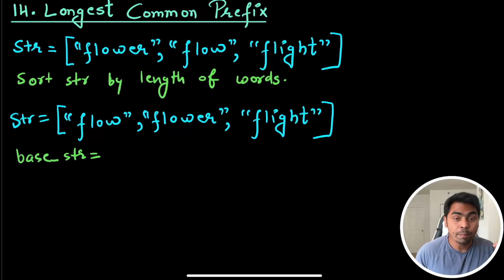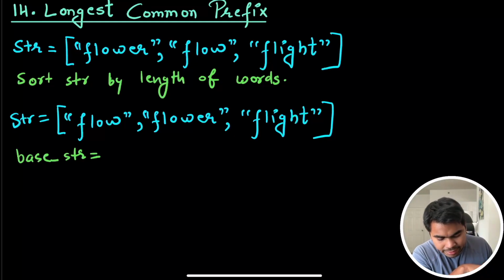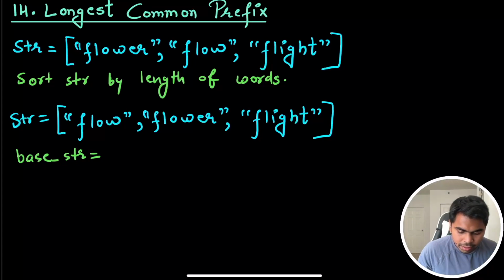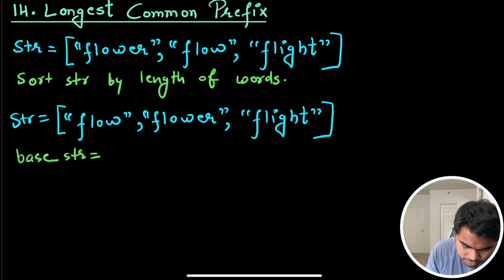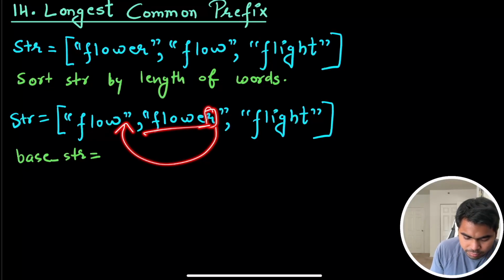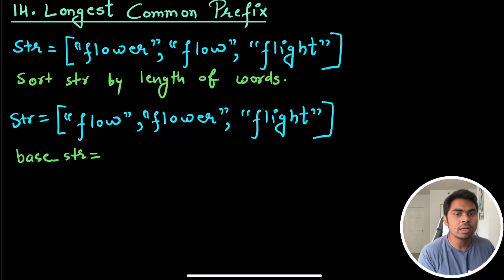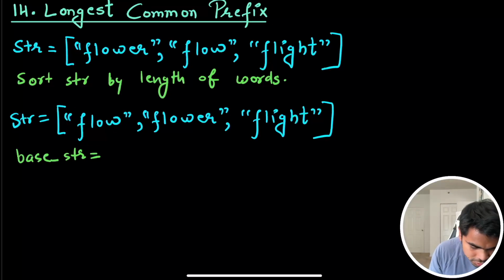It's not the answer right now, but it's a possibility, because I cannot choose anything longer than flow in this example. If I chose flower, flower is of size 5 and this is of size 4, so of course the last character is not going to be present here, so that is not even possible. That is why I will choose the smallest of the words.